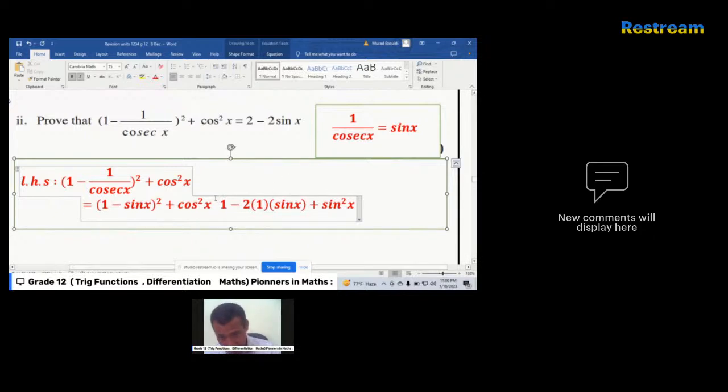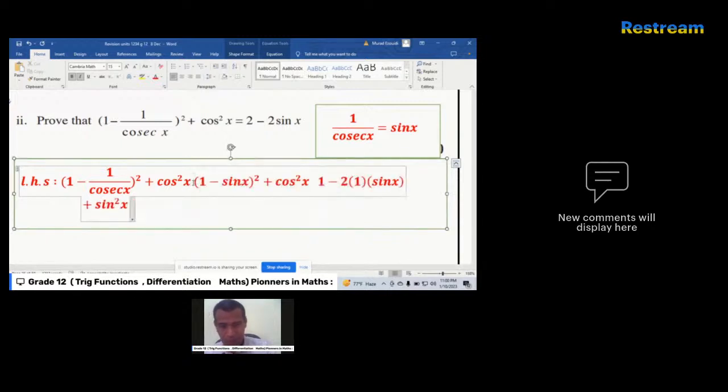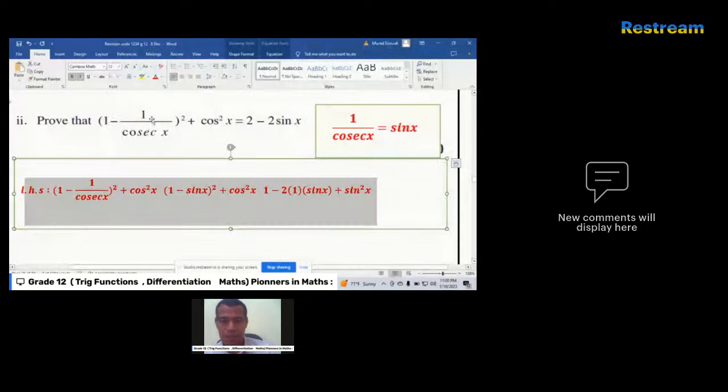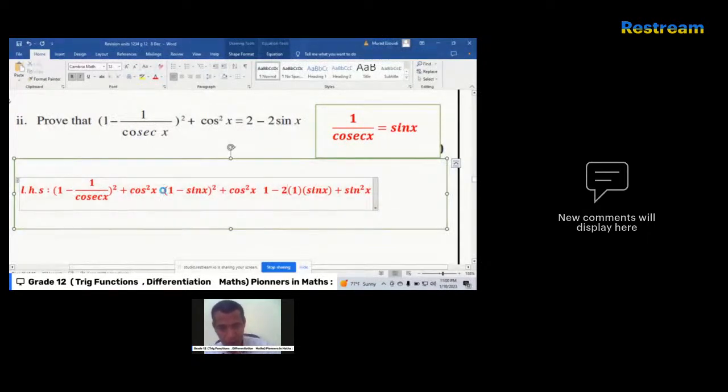So we have 1 minus 2 times 1 times sine, plus sine square, plus cosine square, because this one is cosine square.